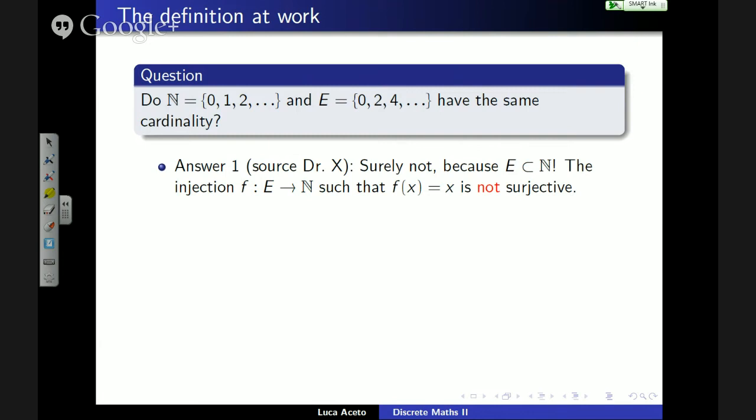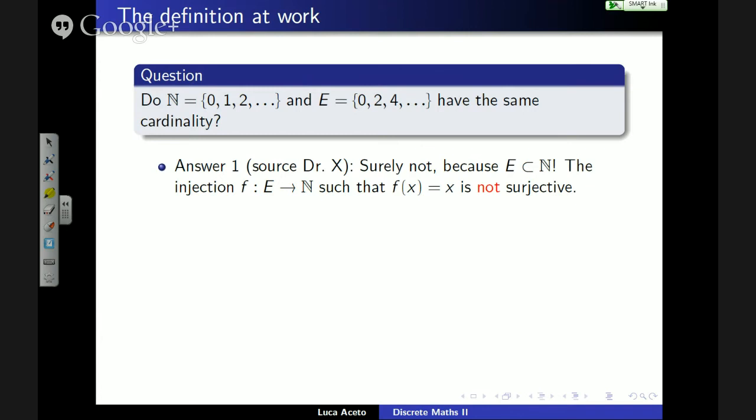So how can they possibly have the same cardinality? And here's an example. I give you the obvious function, f of x maps to x. That's a function that goes from the even numbers to the natural numbers. It's injective, but it's not surjective. It leaves out all the odd numbers. We cannot get to them.